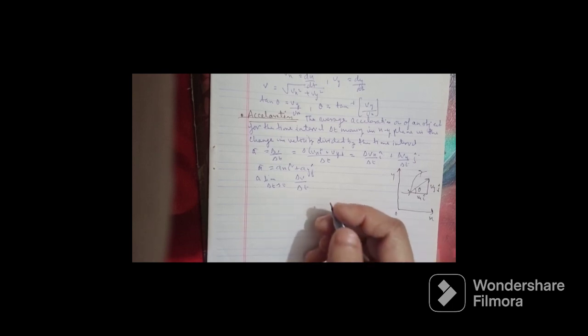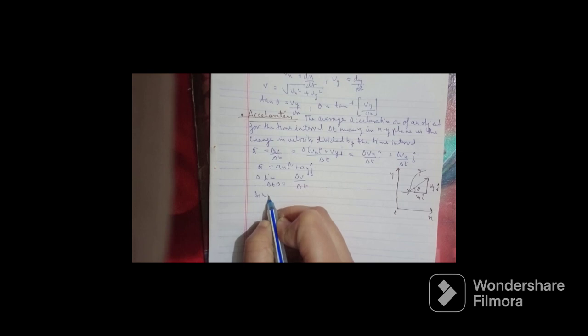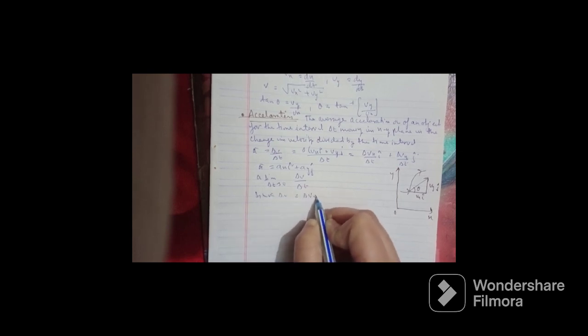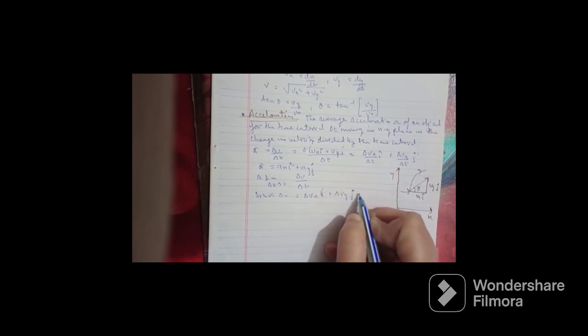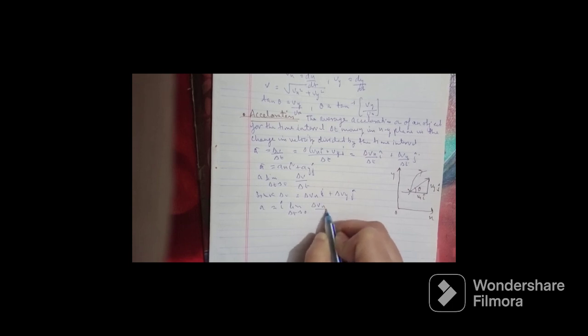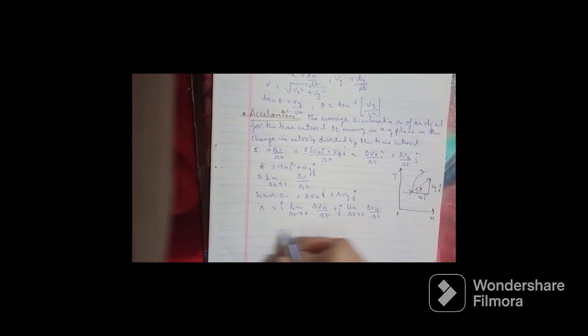So delta V by delta t, and since delta V equals delta Vx i cap plus delta Vy j cap, we have A equals i cap times the limit as delta t tends to 0 of delta Vx by delta t, plus j cap times the limit as delta t tends to 0 of delta Vy by delta t.